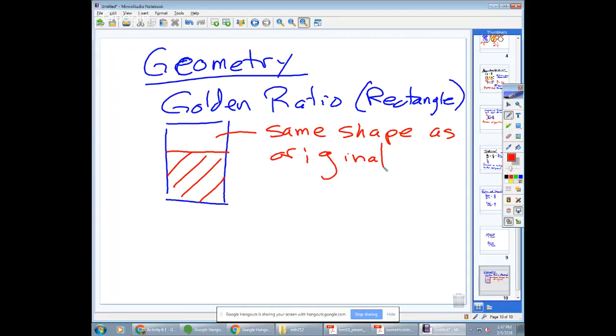If it's a golden rectangle and you take the long side and divide by the short side, you get what's called the golden ratio. It's approximately 1.6-ish.